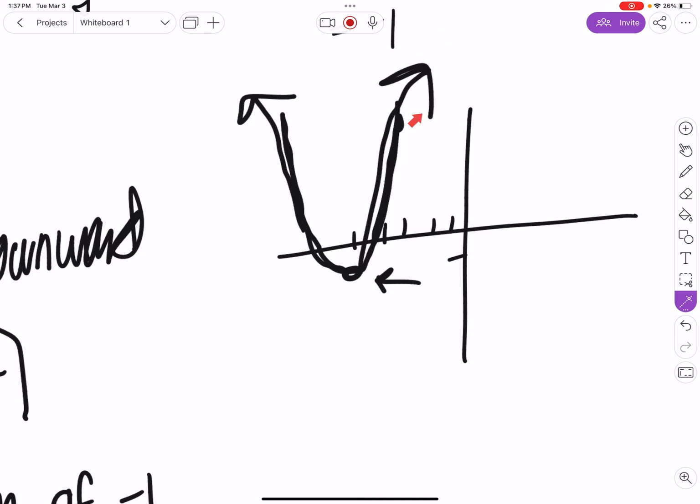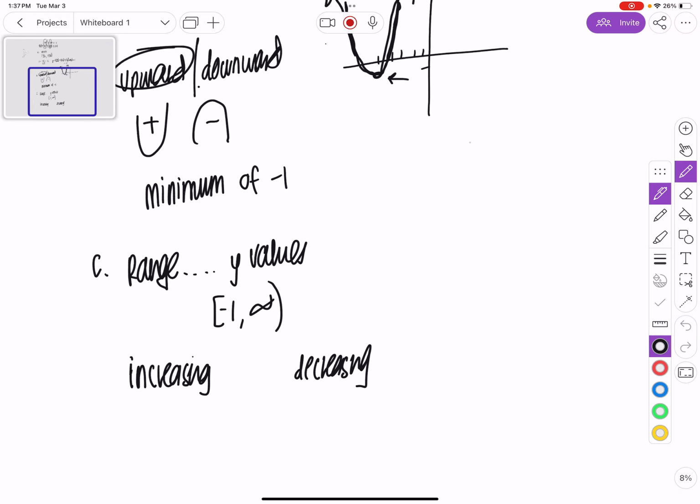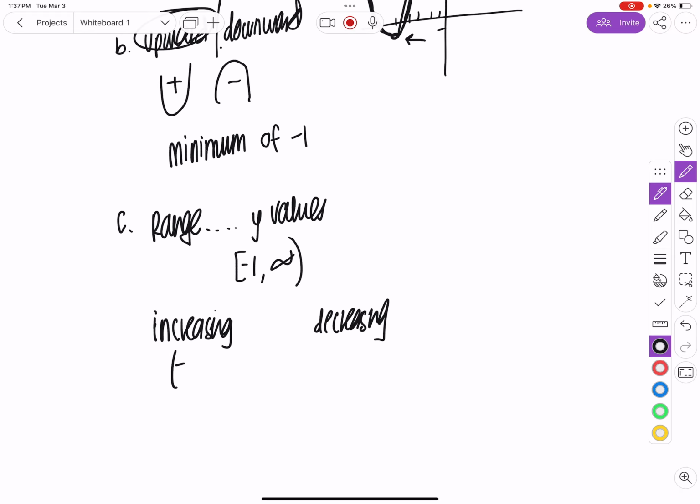How do I say that, though? We're going to use our x values to say that. What's this x value? It's negative 5, and we don't really have an x value here because it never ends, so that's going to be infinity. We increase from negative 5 to infinity, and then we decrease from negative infinity to negative 5.